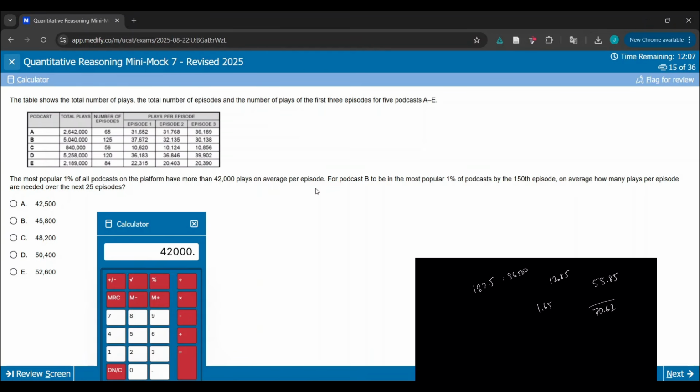So 42,000 times that by 25, and then you've got to subtract 37672, subtract 32135, subtract 30138, and if you divide this number by 40, divided by 100, divided by 24, I should be able to get this. 42,000 times that by 25, then subtract 37672, subtract 32135, subtract 30138, and divide this number by 22. Okay, I'm gonna flag and I'll come back to this one.